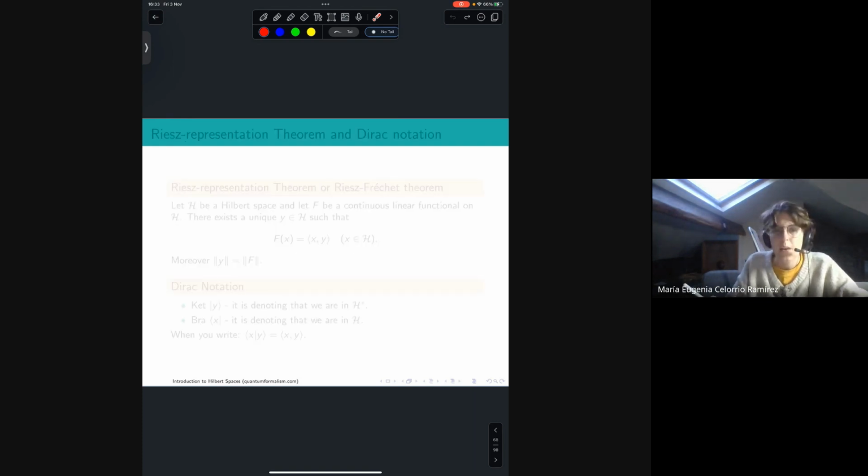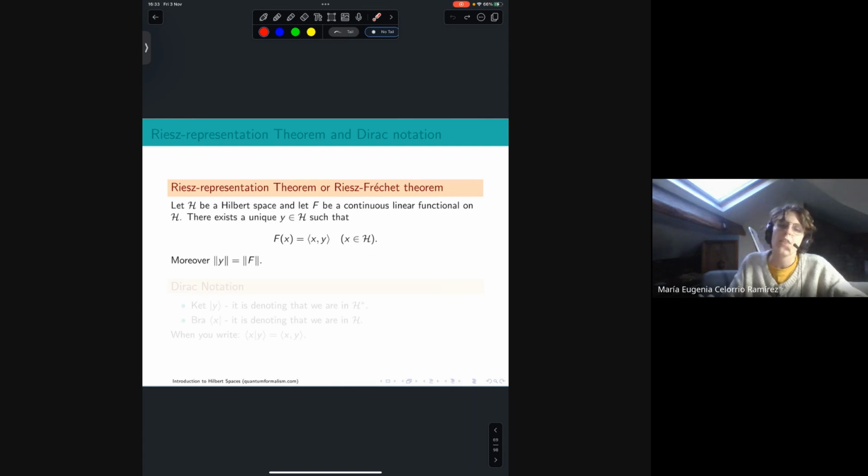Now, when we are dealing with Hilbert spaces, we have a really nice thing happening. This is what the Riesz representation theorem, or the Riesz-Frechet theorem in some resources, says. I'm going to read it and then I'm going to explain what it means. So when we have a Hilbert space, we have any continuous linear functional.